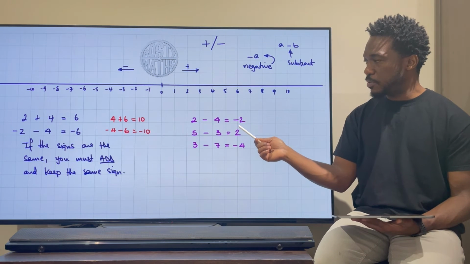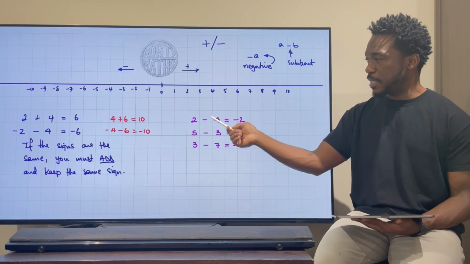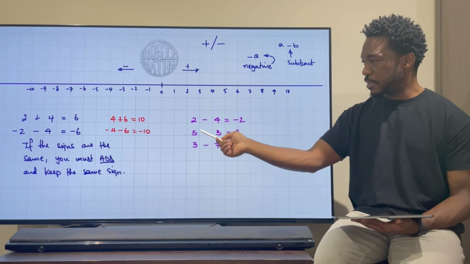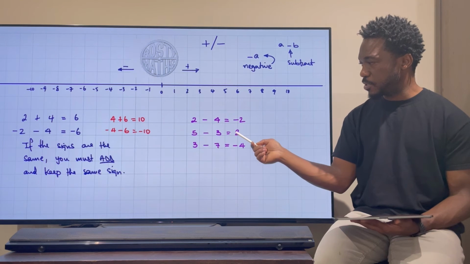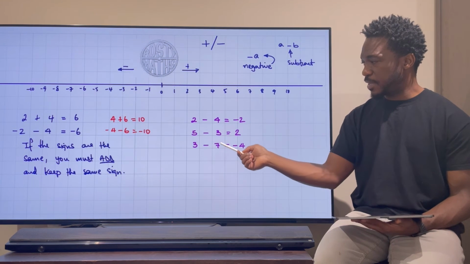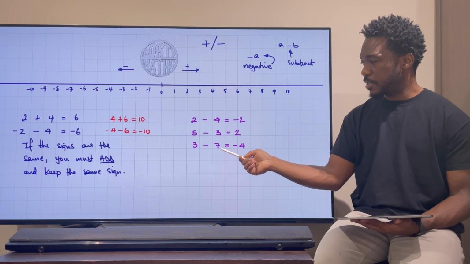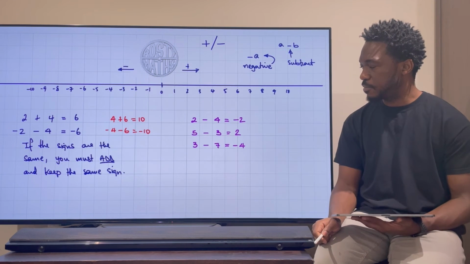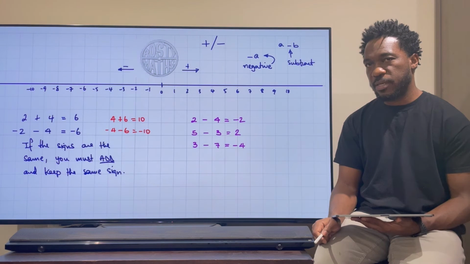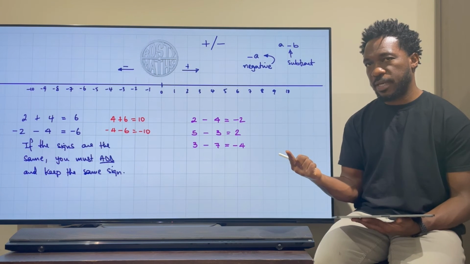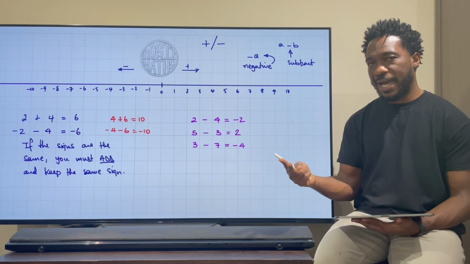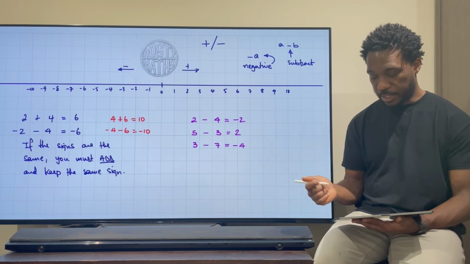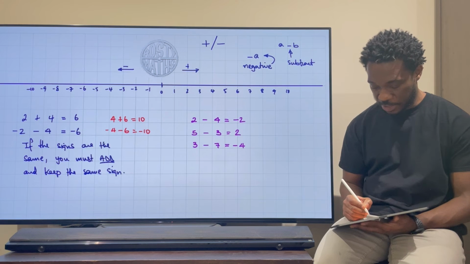So do you notice that the sign that's in front of the bigger number, that's what goes in the answer? Look, that's the bigger number. It's positive, so the 2 is positive. The 7 is bigger than the 3, and the 7 has a negative in front of it, so the answer is negative. So two things we learned here. You always subtract when the signs are different, and you keep the sign of the number that's biggest. So that's our generalization.